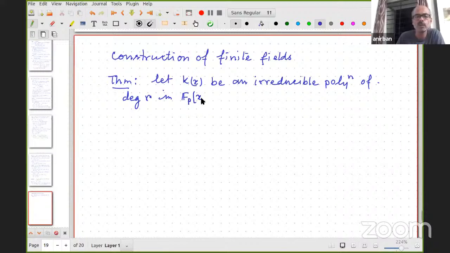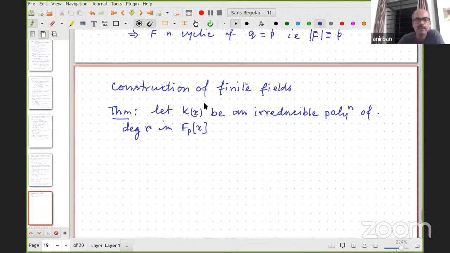So this is a polynomial in F_p[x]. So F_p is our Z_p. So I should just clarify that notation.